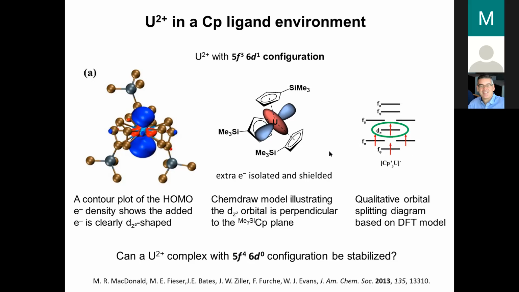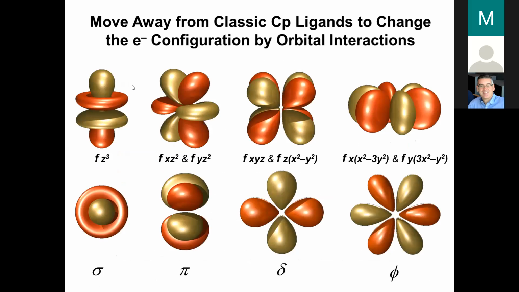What we tried was to have a look again at the orbitals that are involved and move away from classic Cp ligands to change or influence the electron configuration by orbital interactions.